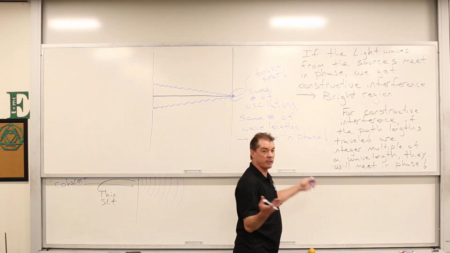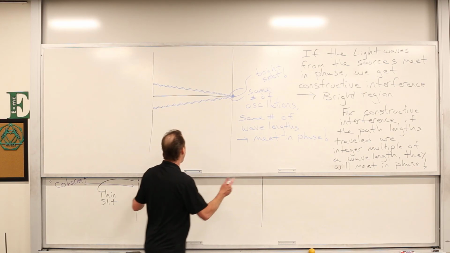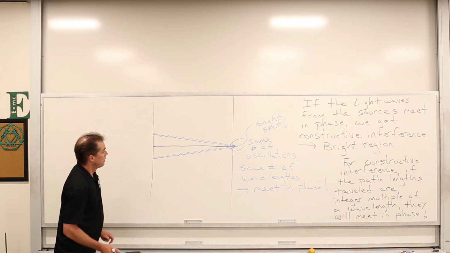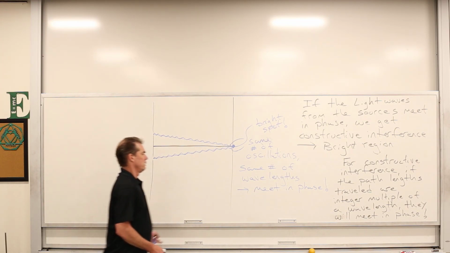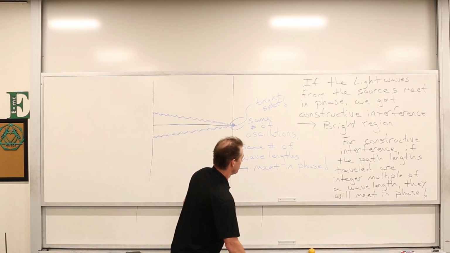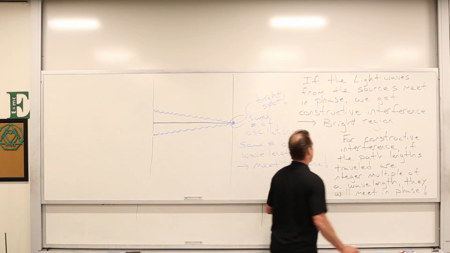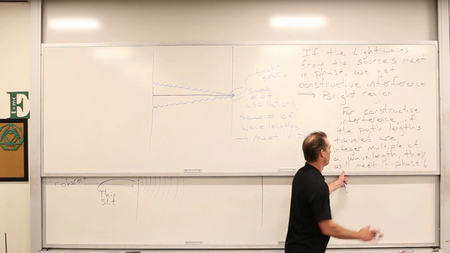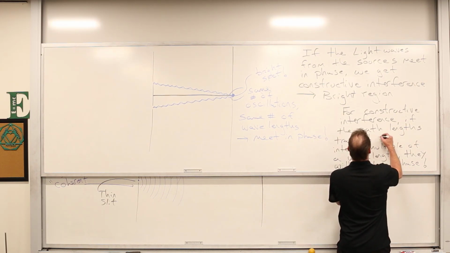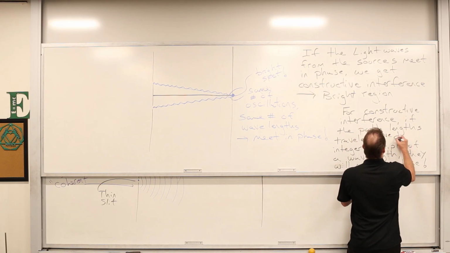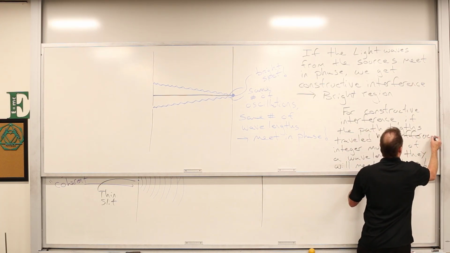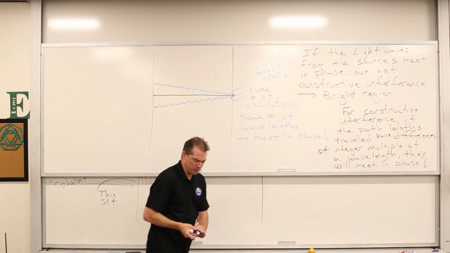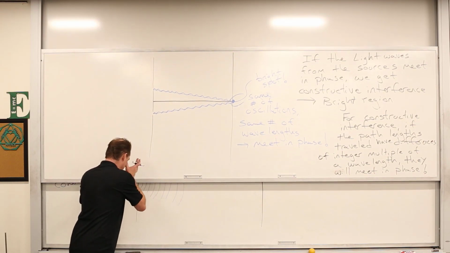So there we go. That's the condition right there. The path lengths traveled have differences of integer multiples of the wavelength.